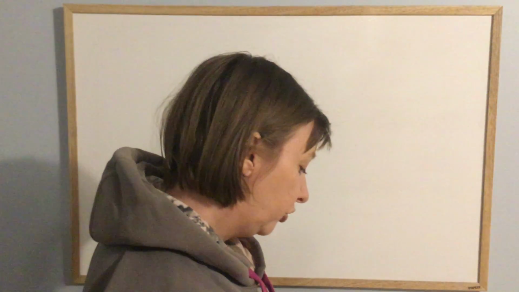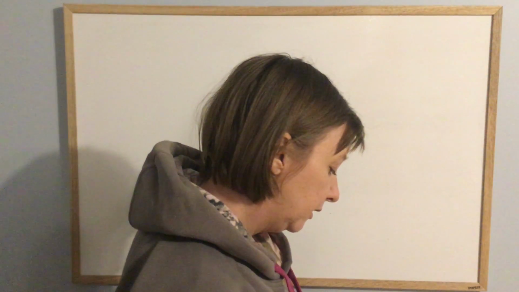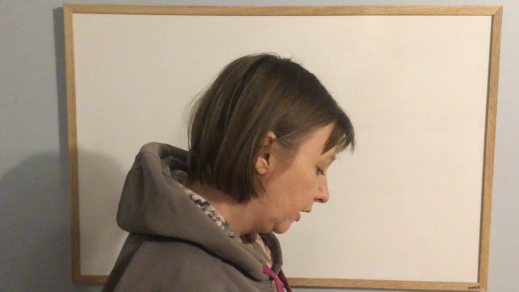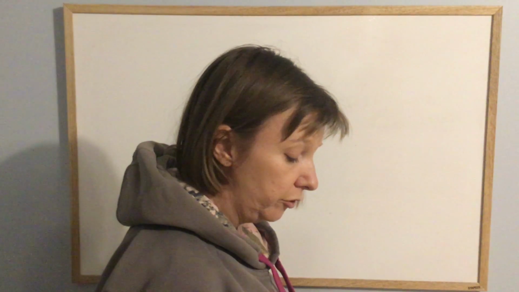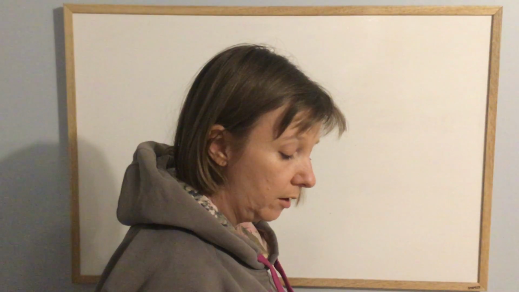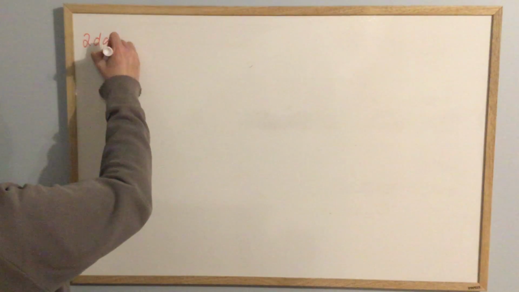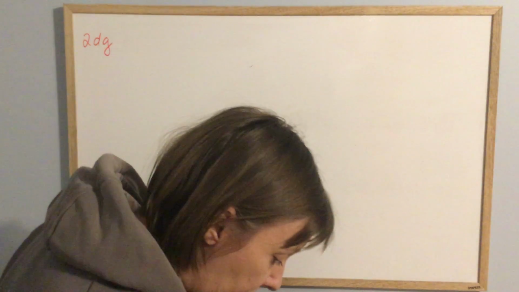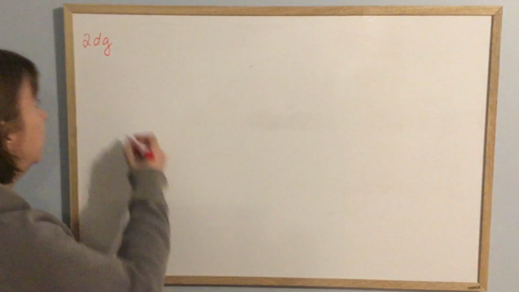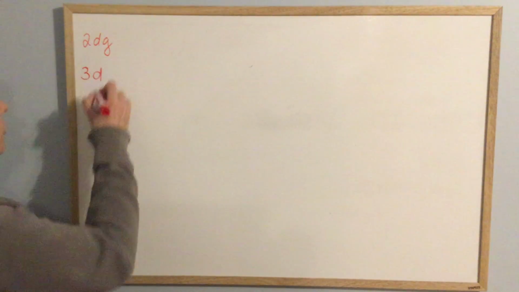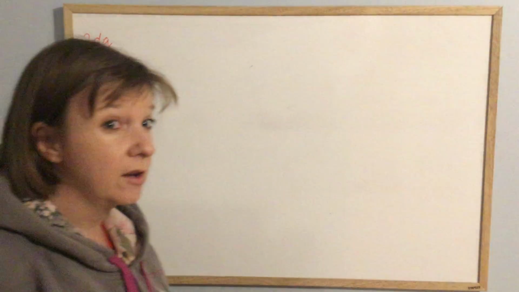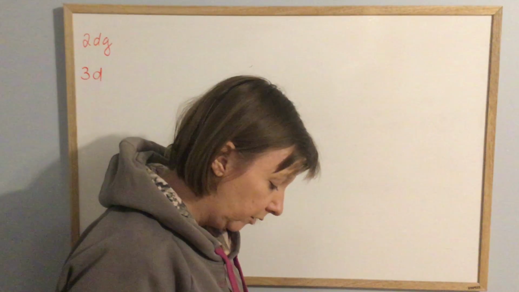I asked you to do 2A, C, D, and G. So I'll tell you what, I will do 2D and G. And I'm going to do 3D because I'm pretty sure I remember someone saying I got 3A, but I didn't get 3D.